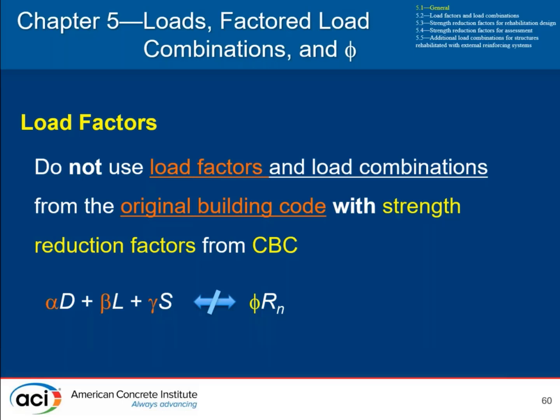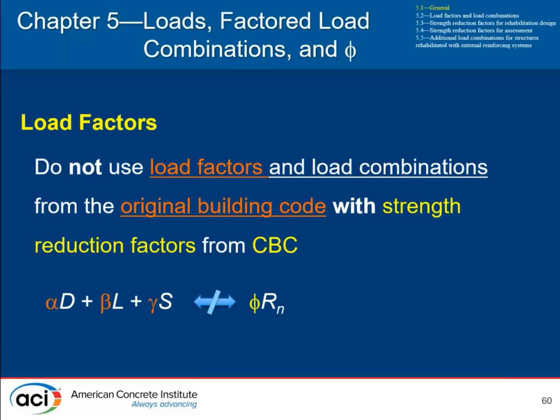In general, calibrations are carried out to make sure that the factored load combinations in a particular edition of a code, when combined with the strength reduction factors specified in that particular edition, achieve acceptable levels of reliability, that you're getting the desired safety.